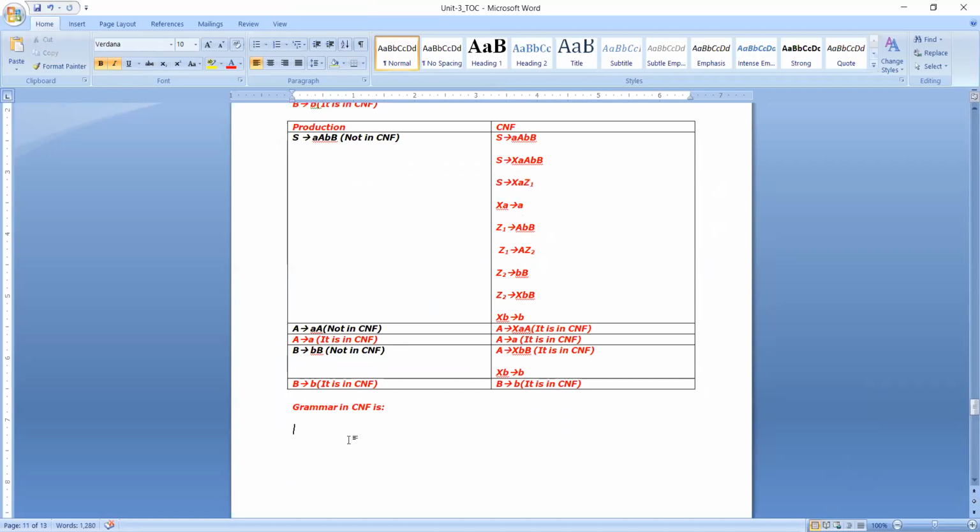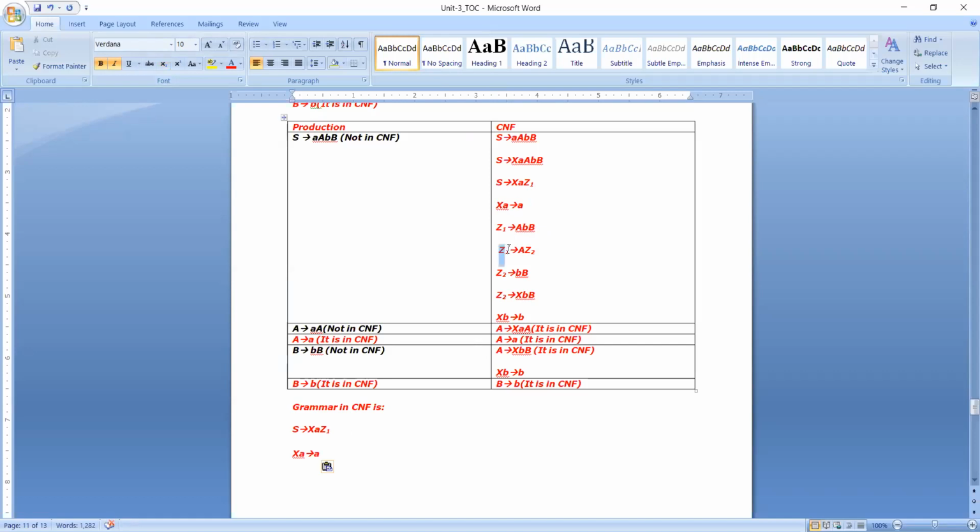S derives to XA Z1. Then we need to specify what XA and Z1 are. Please observe, XA derives to small a.